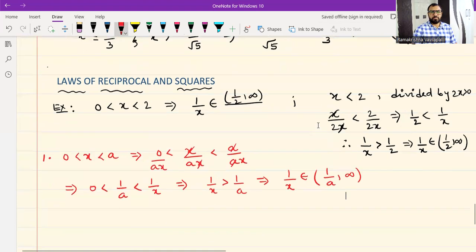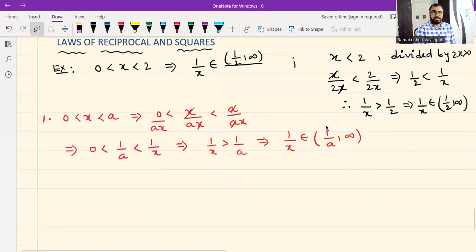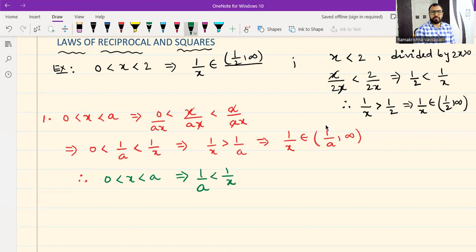So therefore 0 less than x less than a implies, when we take the reciprocal, 1 by x lies between 1 by a to infinity.